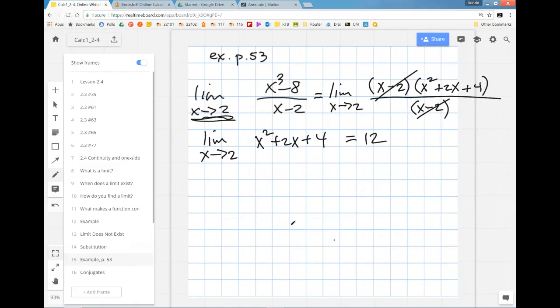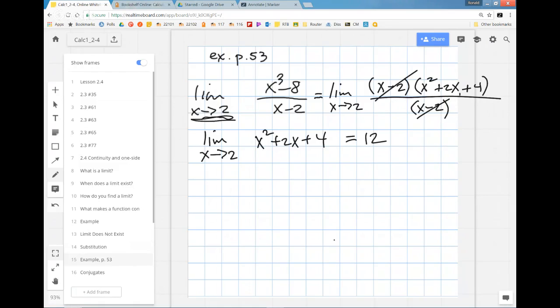So you have a binomial and a trinomial. The first term here is x squared. -2 squared becomes the plus 4 on the end. And then in the middle, you have the product of the two. -2 times x is -2x, changes sign, plus 2x. That's how you factor that.